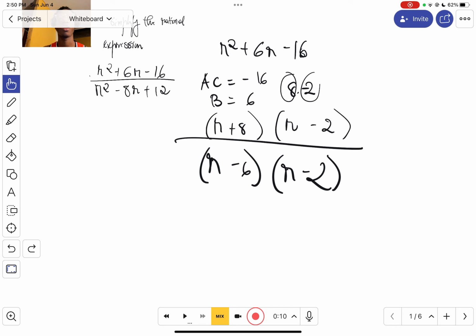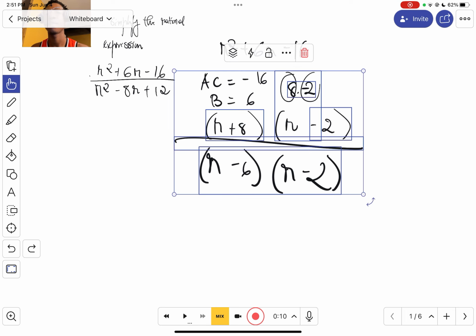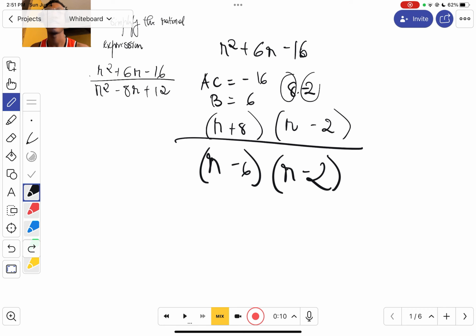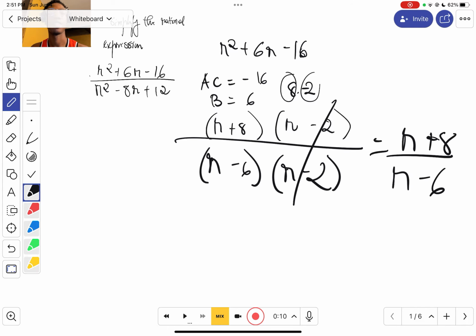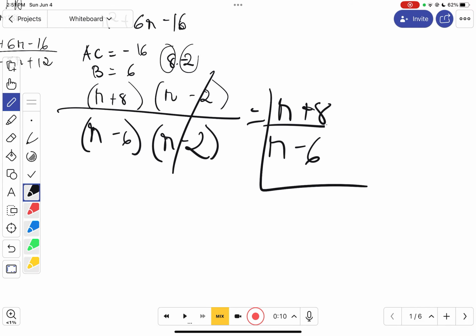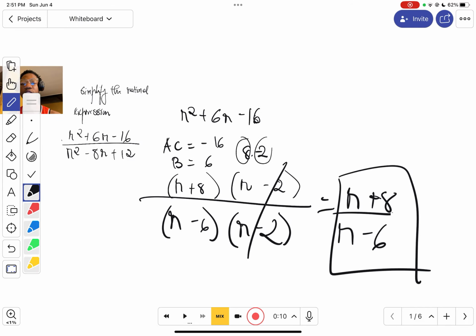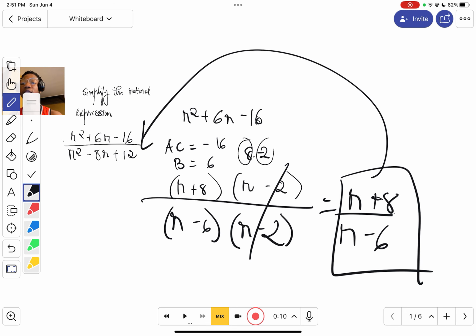Those terms are r minus 2 at the top and r minus 2 at the bottom. So we're going to cancel that out, and we end up with r plus 8 over r minus 6, and that's going to be our final answer. That's the simplified version of the rational expression that they gave us at the beginning.